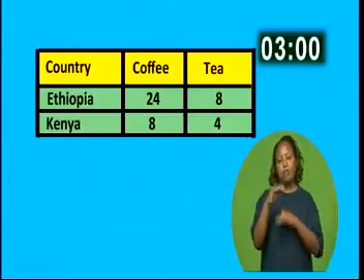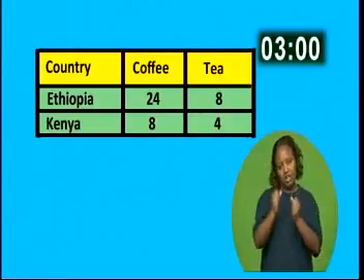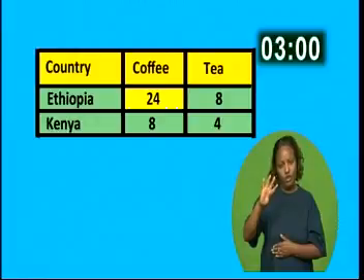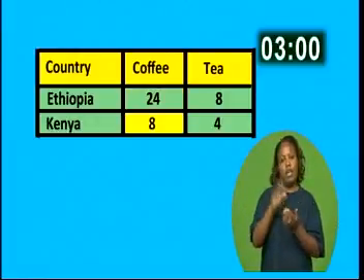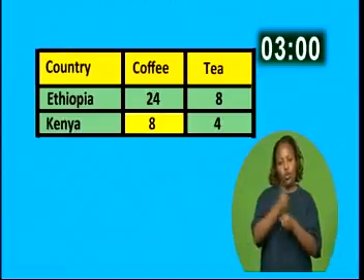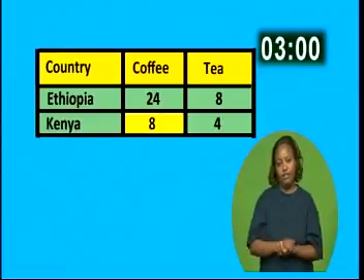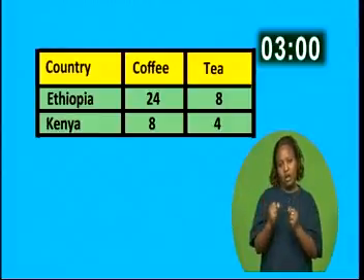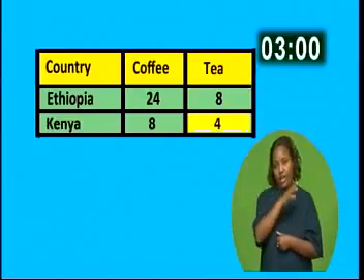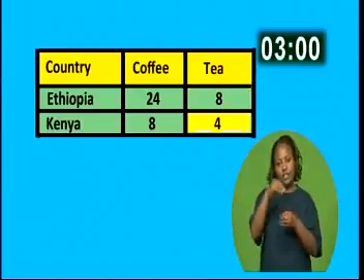The same amount of inputs can produce 24 units of coffee in Ethiopia while it produces 8 units of coffee in Kenya. Again, the same amount of inputs can produce 8 units of tea in Ethiopia and 4 units of tea in Kenya.